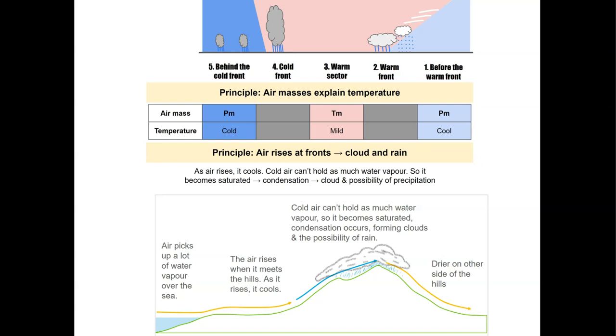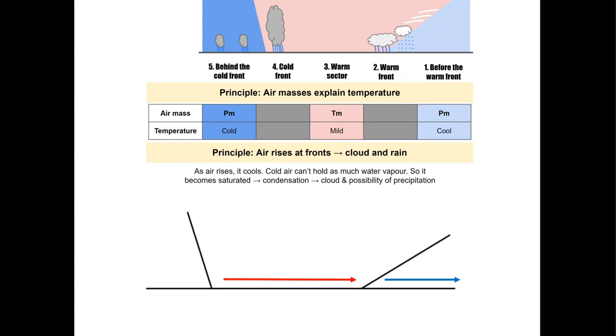When air rises. Okay, question. Where is air rising in a depression? Well, it's rising as the warm air at the warm front rises over the cold air, and at the cold front, the cold air is undercutting the warm air. So there's the warm air rising at the warm front, rises, cools, condenses to form cloud. Cold air undercutting at the cold front, rises, cools, condenses to form cloud.